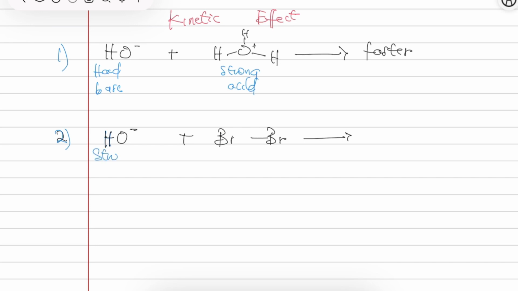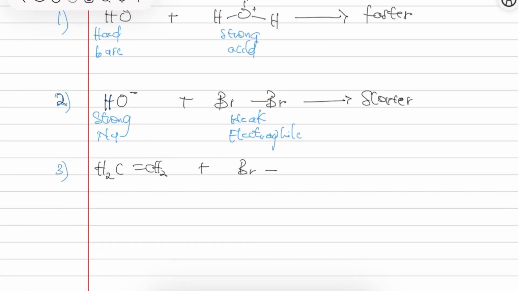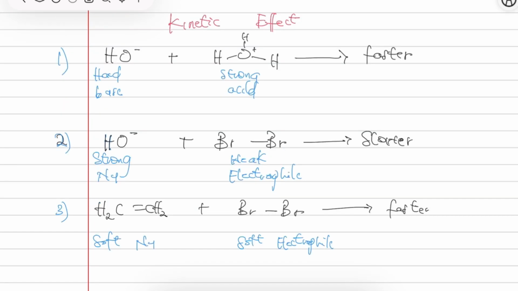In the second reaction, we have the strong nucleophile reacting with the weak electrophile. In a situation whereby you have a strong nucleophile reacting with a weak electrophile, the reaction is usually very, very slow. Generally, when you have a soft nucleophile reacting with a soft electrophile, the reaction is usually faster. So this explains the general term of kinetic effect.